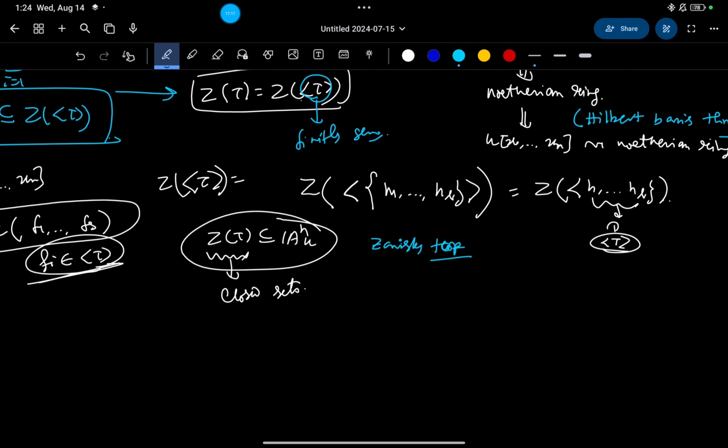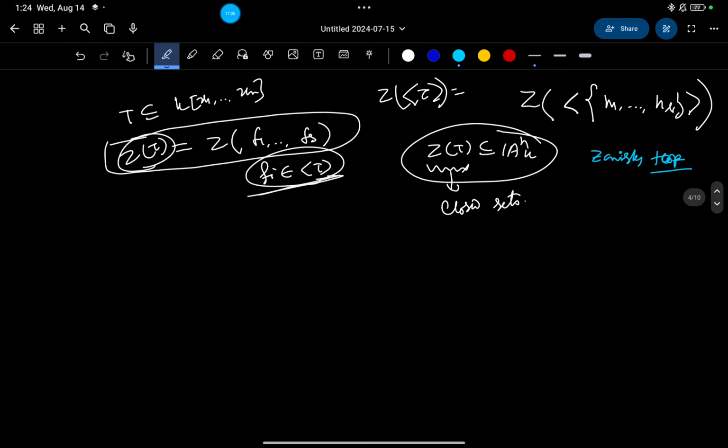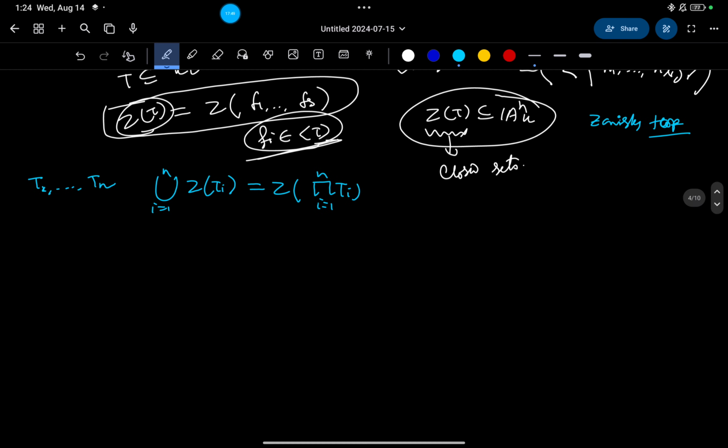So to prove it is the Zariski topology, I need to first show that these Z(T)s are the closed sets. So suppose we have finitely many T1, ..., Tn, then the union over i equals 1 to n of Z(Ti) is nothing but Z of the product of the Ti's.